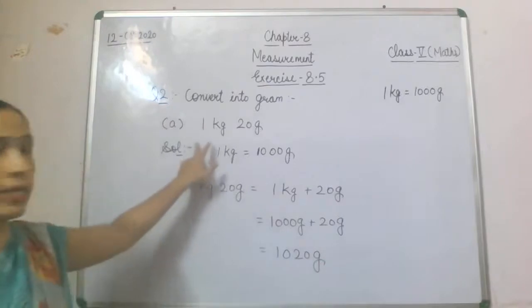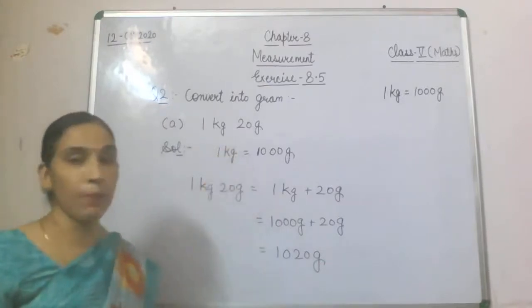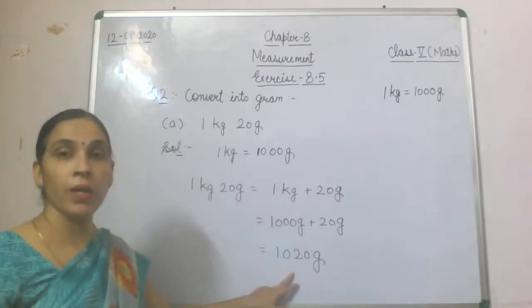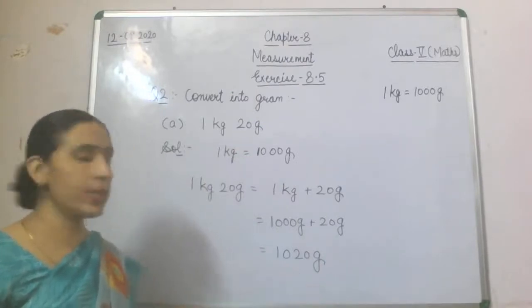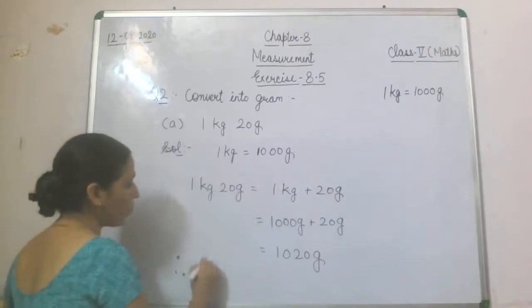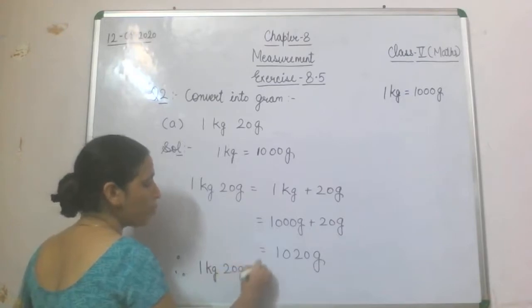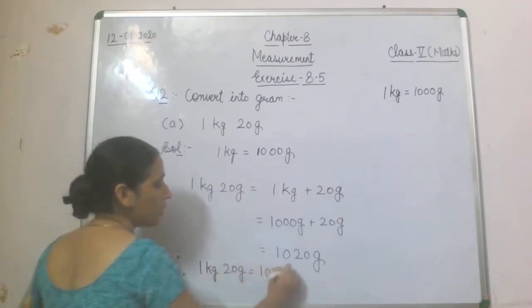Now we have converted this given question, that is 1 kg 20 gram, into gram, that is 1020 gram. So we can write here, therefore, 1 kg 20 gram is equal to 1020 gram.